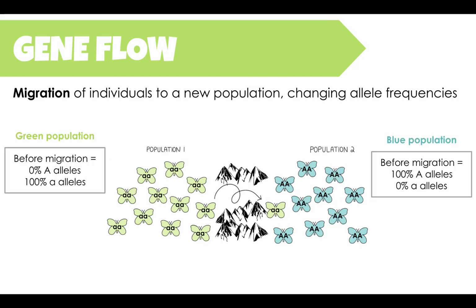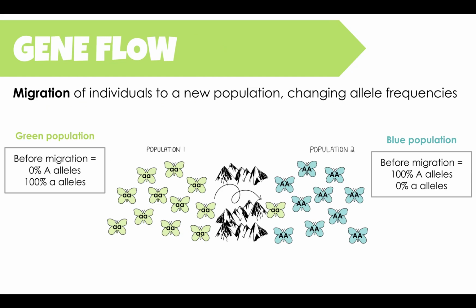So in this case, if we look at the populations on either side of my mountain, they're both the same species of butterfly, but it's just by chance that population 1 was my green butterfly population and population 2 was the blue butterfly population. Well, these two populations are separated by a mountain range, and if one of my green butterflies decides to migrate and fly over the mountain chain over to population 2, my allele frequencies before and after that migration are going to change.